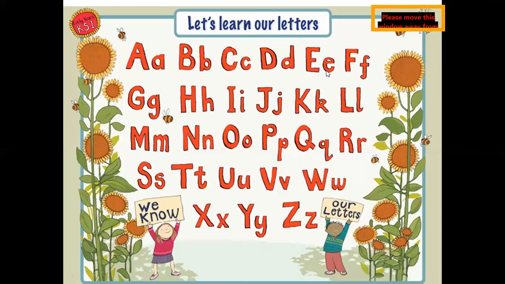Understood? After E, our next letter is F. The first one is big F and the second one is small f.